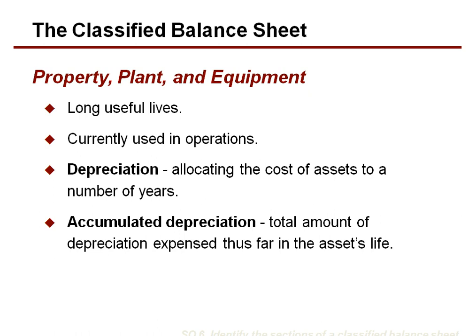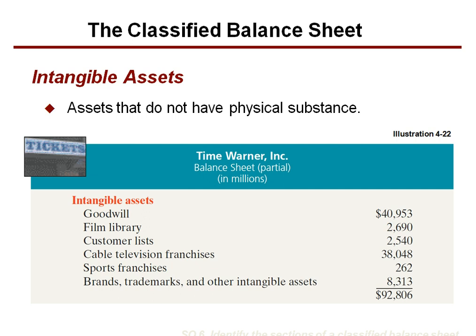That is shown with it or in the notes to the financial statements. And intangible assets, finally the last category, are things that we own that do not have a physical substance, like goodwill. You'll learn about that in future accounting classes. Customer lists, franchises, trademarks, things that have value to us, but that don't have physical existence.